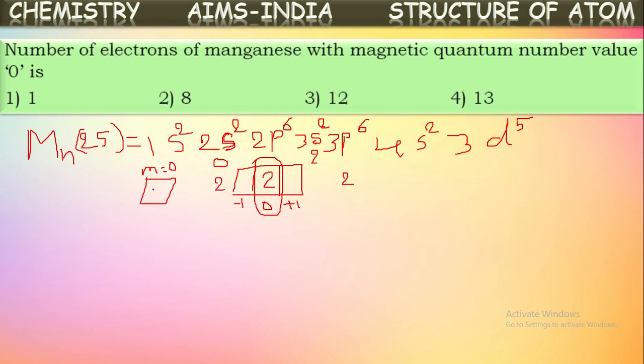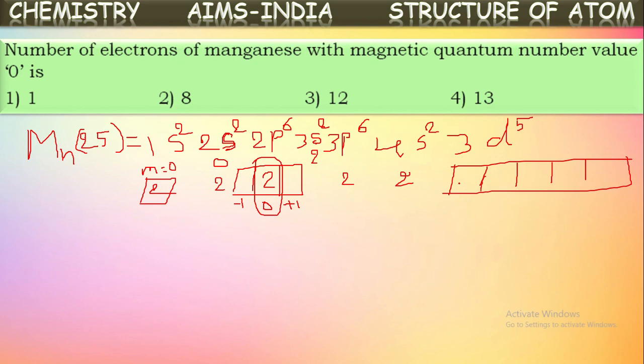So here 2, here 2, here 2, and in the 3p subshell 2 electrons, and the 4s subshell orbital also 2 electrons, because there is only one orbital with L equal to 0 and m equal to 0 for that. And if you see the 3d subshell, 1 2 3 4 5, there are 5 orbitals.